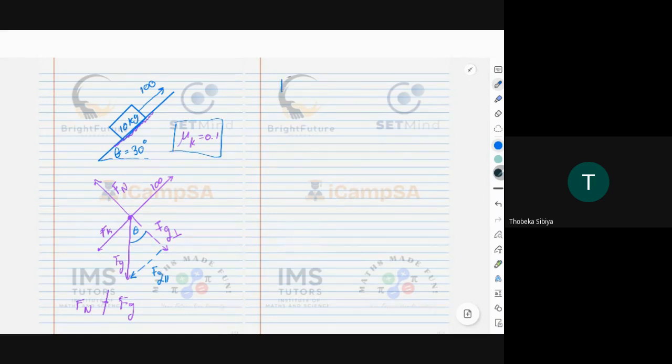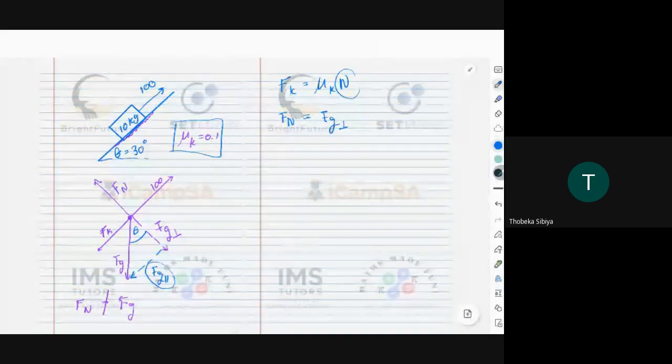We need to calculate our Fk, which is mu k times normal force, right? And this normal force is equal to Fg perpendicular. And then we can also have work done by this force here as it's going down, right? So the works you can have here are the work done by Fg parallel, done by Fk, then done by this 100.